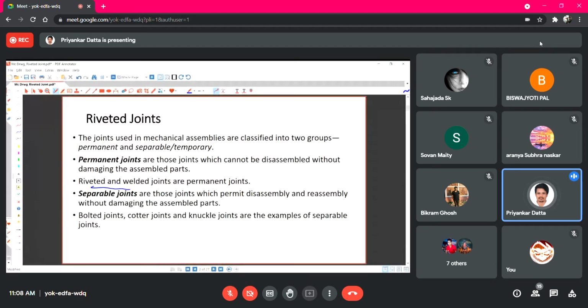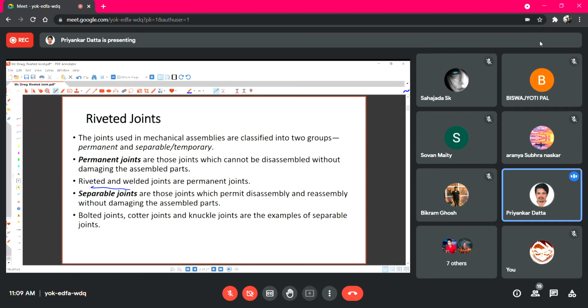But in case of bolted joints, or later on we shall discuss quarter joints or knuckle joints, at a later stage in the machine design subject, you will learn about their design, all design aspects of these bolted joints and riveted joints. But here mostly we shall be discussing different terminologies.